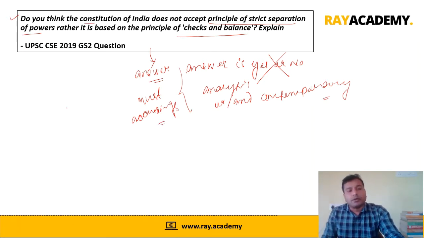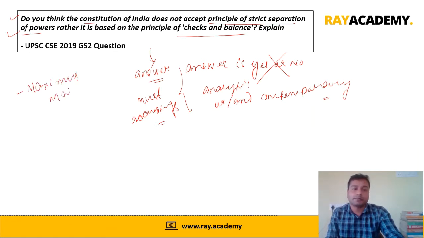Now, to do so, what we are going to do? We take this question as an example and try to answer it. Then we will understand how to write an effective and good answer which can fetch you maximum marks.